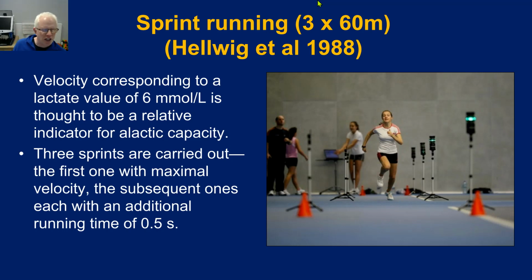And they argue it's a concentration of 6 millimole per litre. Well, let's think about that very logically. If you're using the high energy phosphates, ATP-PC, there is almost no lactate cost.